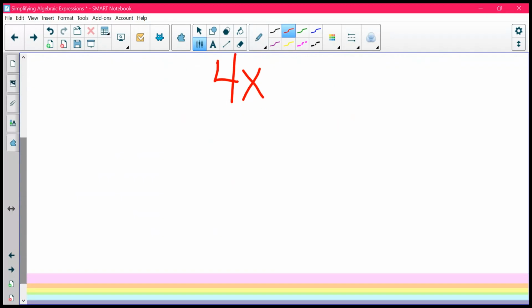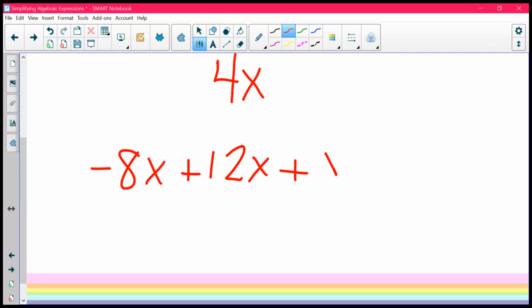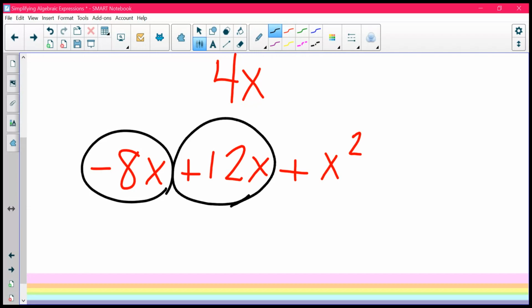Just a quick thought as well, just to point out the difference between like terms and non-like terms. Let's say if I did have negative 8x plus 12x plus x squared. If I had something like that, please understand that you can only combine these two.